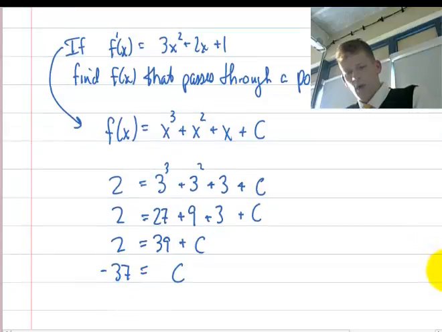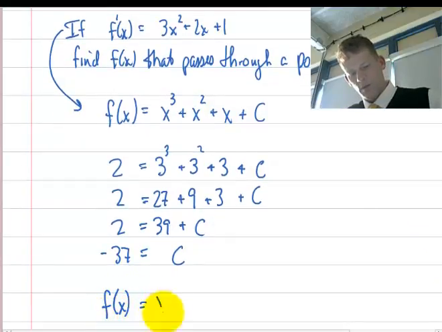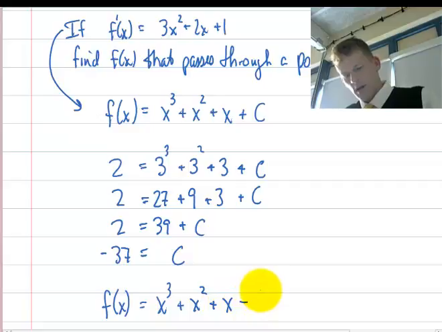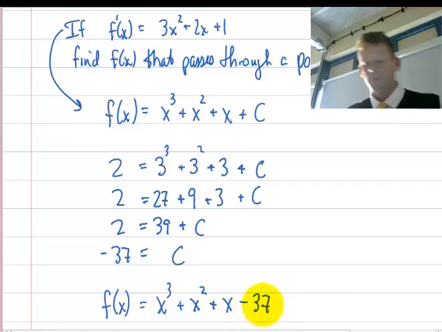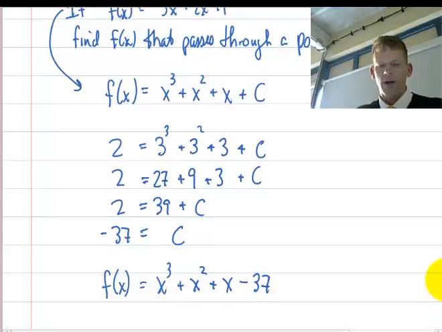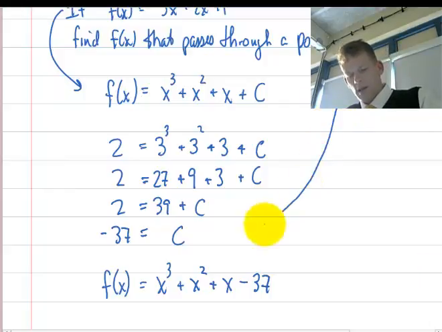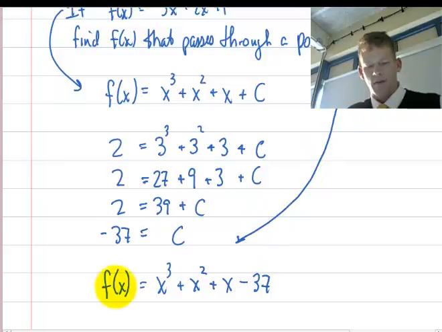So the equation they're asking me to find, f of x, is equal to x cubed plus x squared plus x minus 37. Now, we found the constant, we put it in the original equation. You should always check your function to make sure it works. For example, if I plug 3 into this equation, I should get a value of 2.